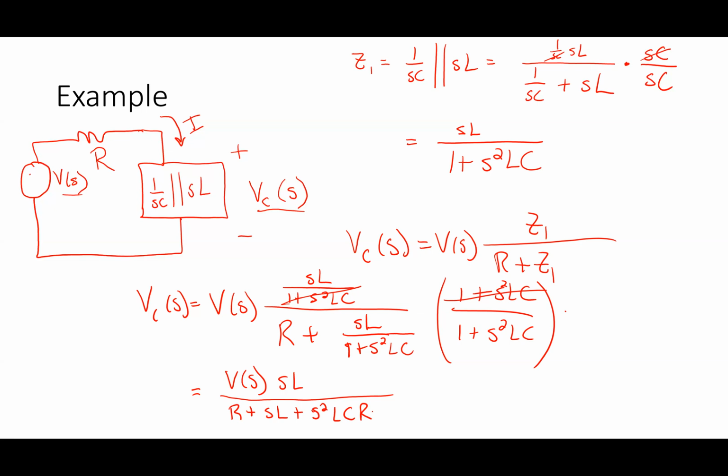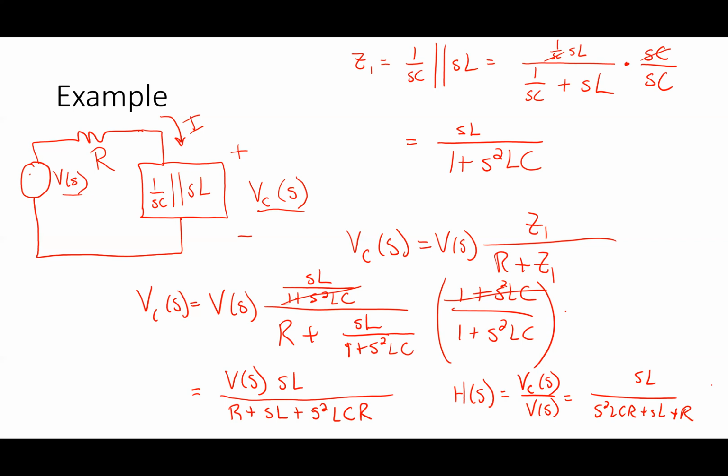Okay. That's the multiplication. Normally, if I say, what's the transfer function here? Well, the transfer function is always the ratio of the output over the input. So that would be V sub C of S over V of S. And the transfer function would basically be this thing: SL over S squared LCR plus SL plus R.